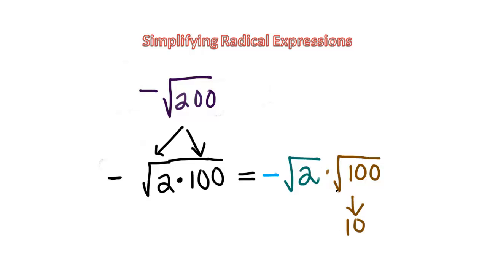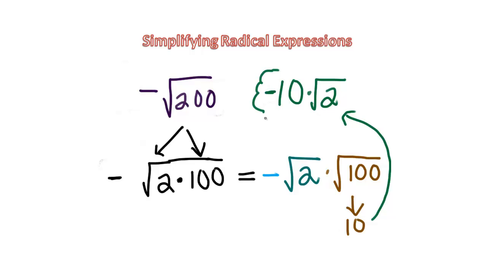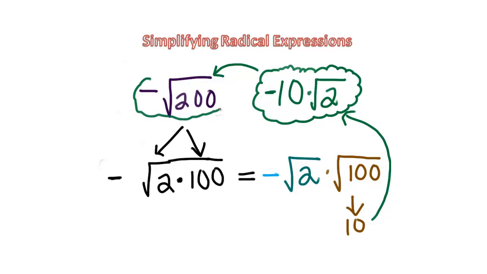I'll put it over here since I ran out of space. It'll be 10, that's the perfect square here, times the radical 2, and then don't forget the negative. So that's our simplified radical. Negative 10 radical 2 is the exact same number as the original one, which was negative square root of 200.